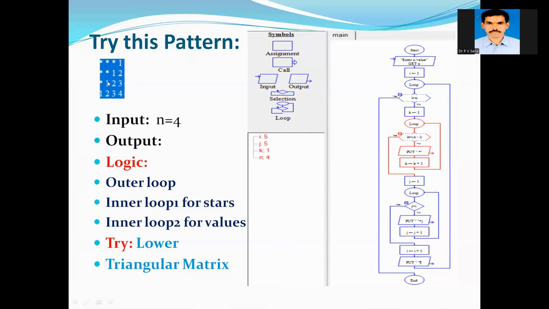So I am using one outer loop and two inner loops in this. The first inner loop will print the stars and the next inner loop will print the values. Here I am taking n values for the outer loop, and two inner loops: inner loop 1 for stars, inner loop 2 for values. So the stars come first. In place of stars, if you go for space, then it will be a lower triangular matrix.